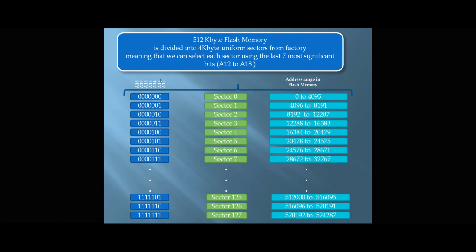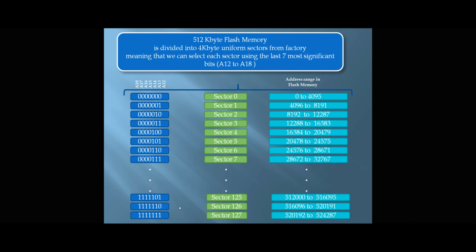Because if you think about it, by just changing these most significant 7 bits, we can point to different memory spaces inside our flash. And if you divide the 512 kilobyte flash into 4 kilobyte chunks, we get 128 sectors, starting from sector 0 all the way up to sector 127.